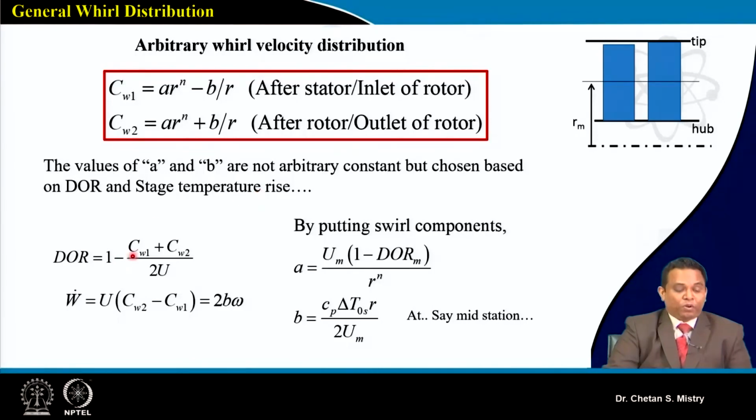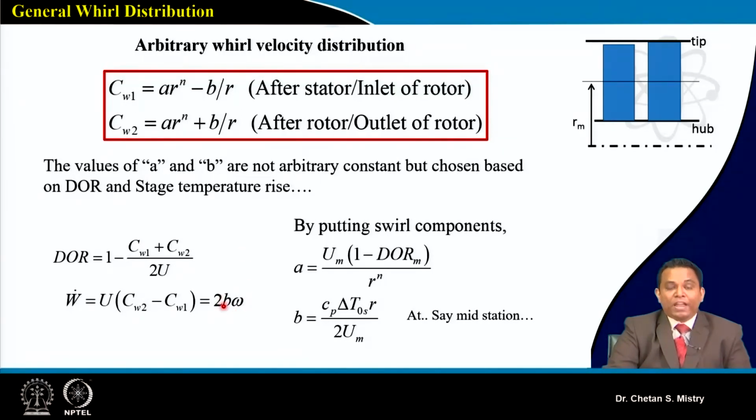Here, this represents my degree of reaction, which is 1 minus (Cw1 plus Cw2) by 2U, and this work we represent as U into (Cw2 minus Cw1), which we have derived here.